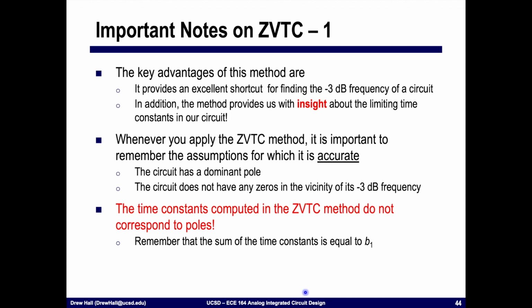Second, we very quickly discarded the zero. The assumption here is that the zero is at a higher frequency than the dominant pole and that it has no impact on the bandwidth.